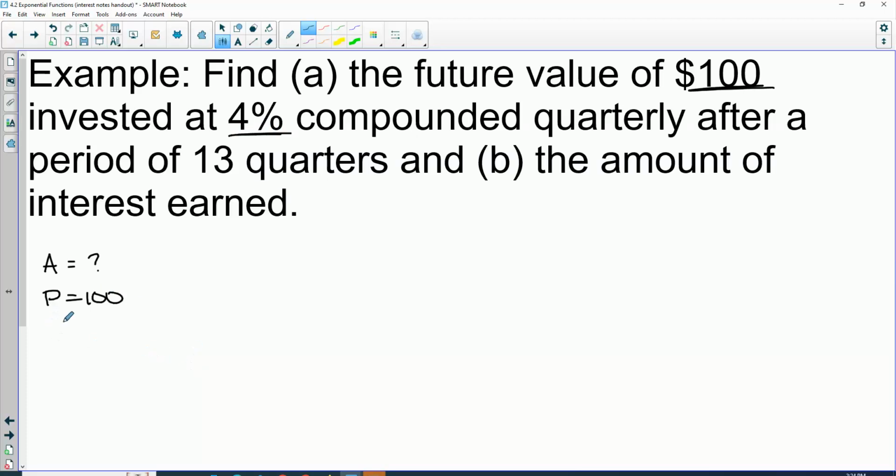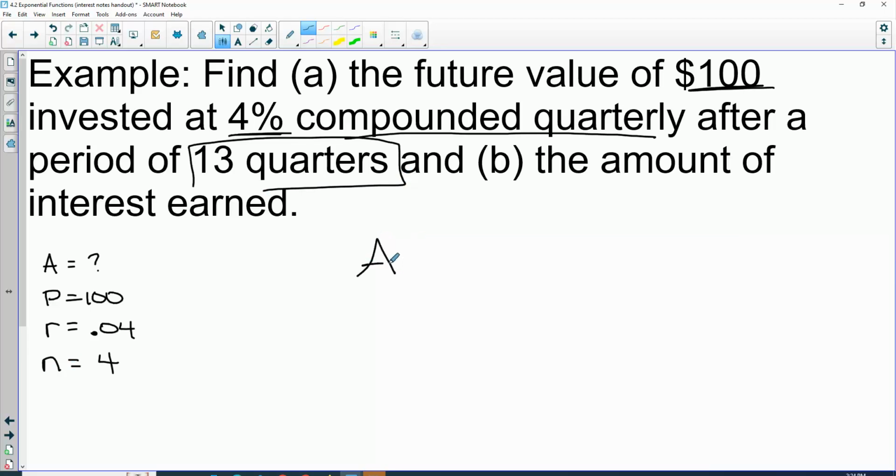4% is the rate, and when we do it in the problem, we always change it to decimal form, so 0.04. Compounded quarterly. Quarterly is how often? 4 times a year. So our N is 4. After a period of 13 quarters. So I'm talking about compound interest. The only time we use the E formula is if I say continuously.